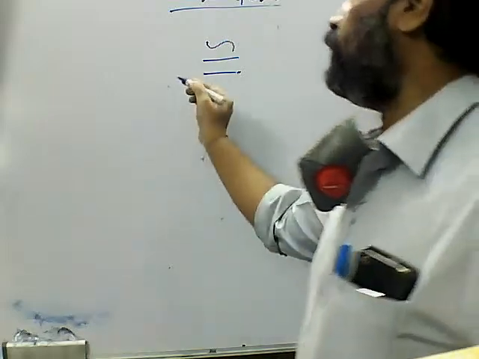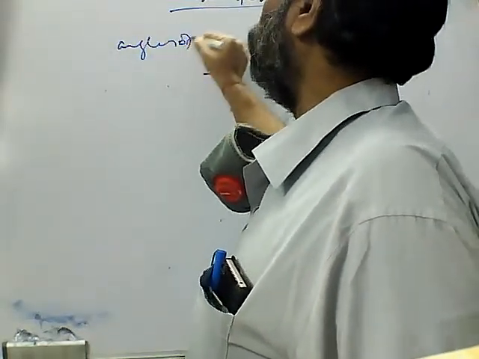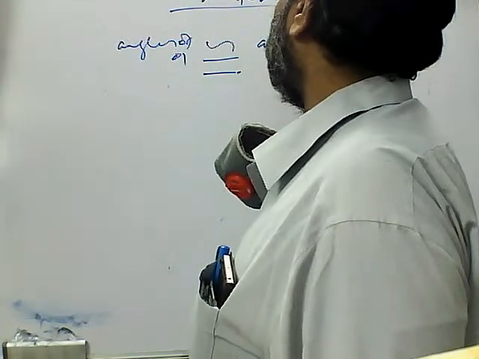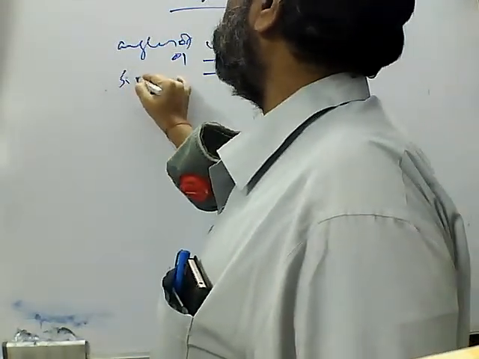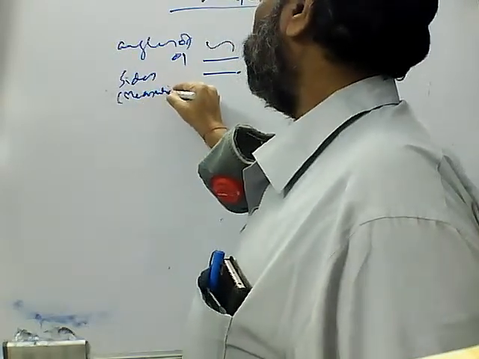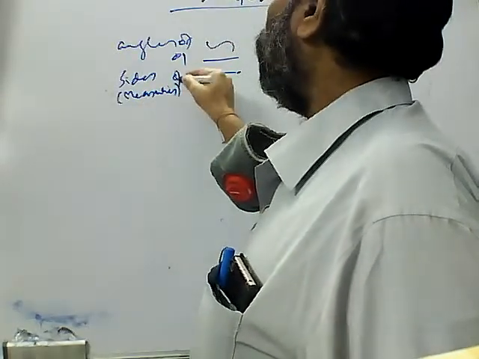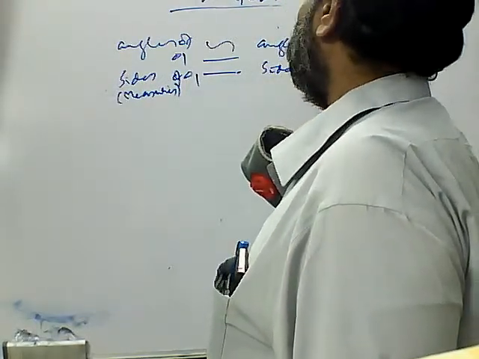Similar is meant for angles: angles of triangle 1 are similar to angles of triangle 2, and sides, that is, measures. Side measurements of triangle 1 are equal to sides of triangle 2. That is measures.